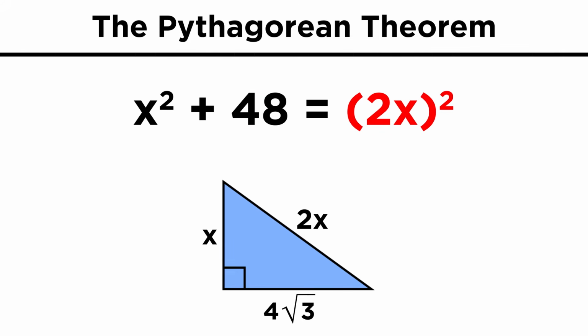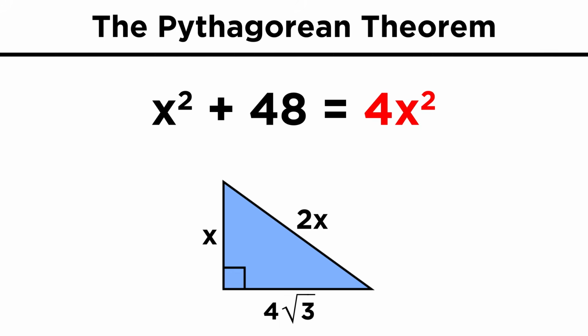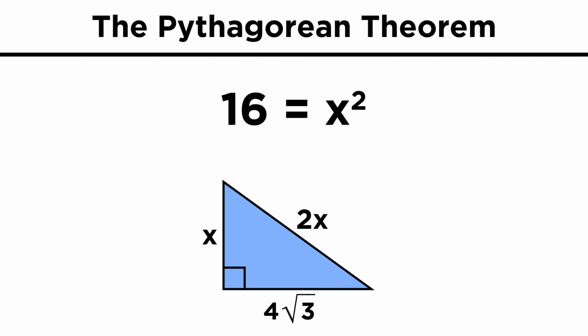On the right, 2x quantity squared is 4x squared. We subtract x squared, divide by 3, and take the square root. Once again, although we technically get plus and minus 4, negative 4 doesn't make any sense here, so x must be 4. That makes the missing sides 4 and 8.